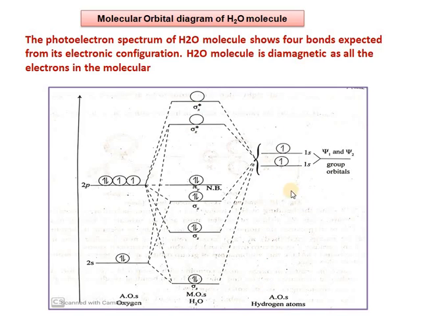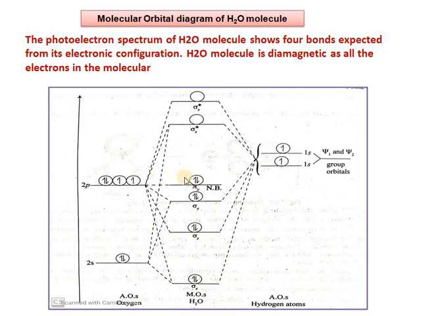Therefore, the group orbitals psi1 and psi2 can combine with the atomic orbitals of oxygen to form the water molecule, with molecular orbitals such as sigma s, sigma x, and pi y. So in these pictures, we observe that all electrons get paired.